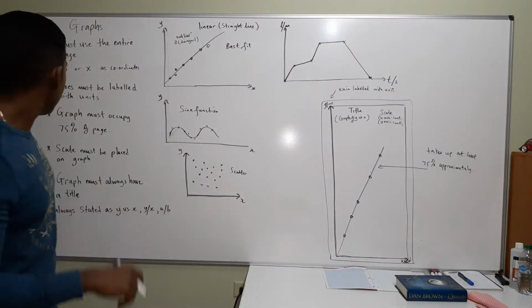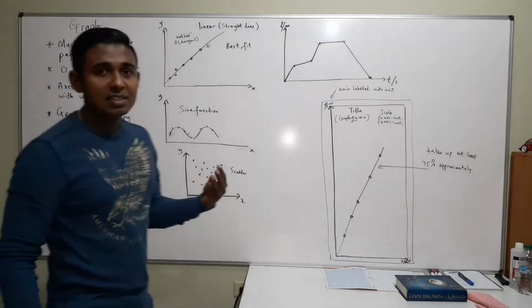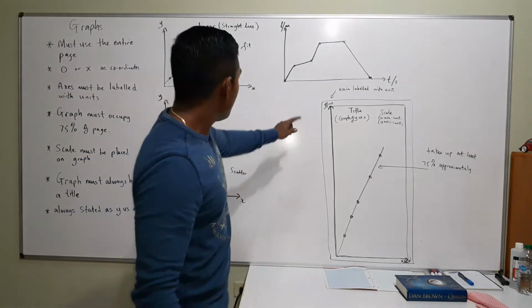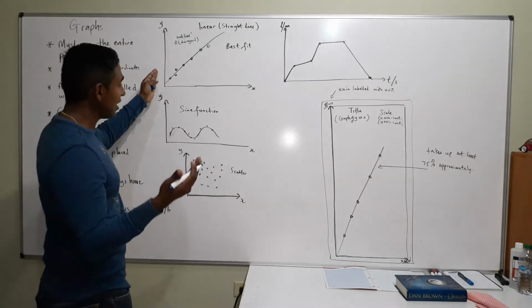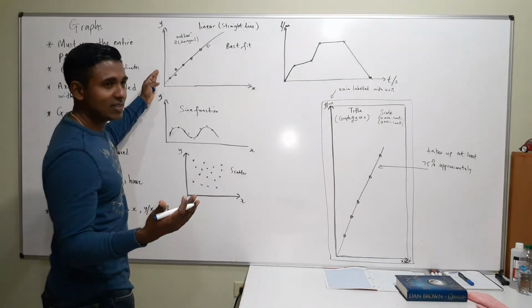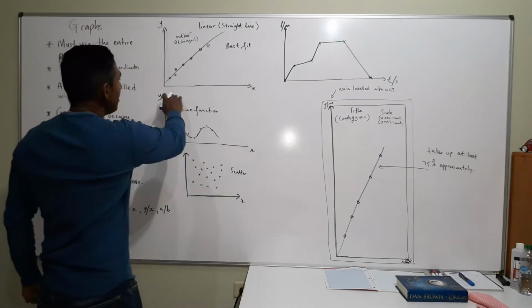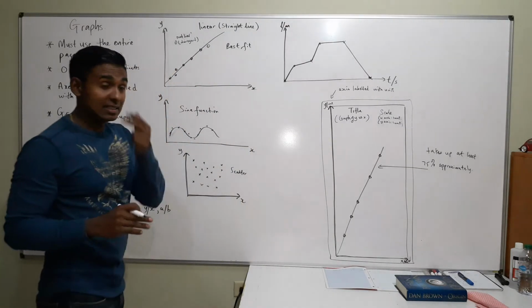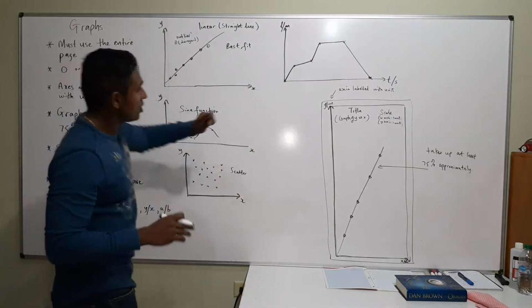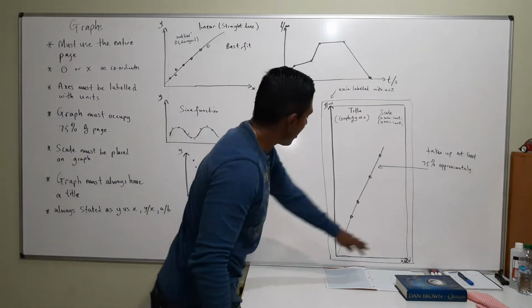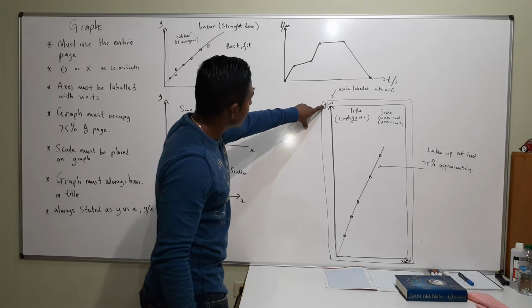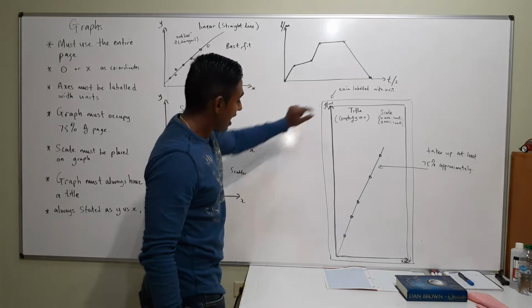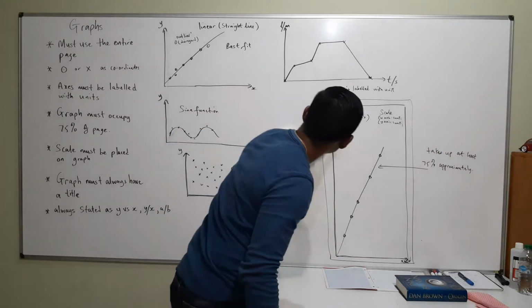Another very important thing is that the axes must be labeled. Of course, we have two axes: the y-axis, which is the vertical axis. We don't really say y-axis in physics, we say the vertical, and the horizontal axis. So you label them. If you notice in this little mock graph page that I have here, you always put the quantity that you're putting on this axis as well as the unit.